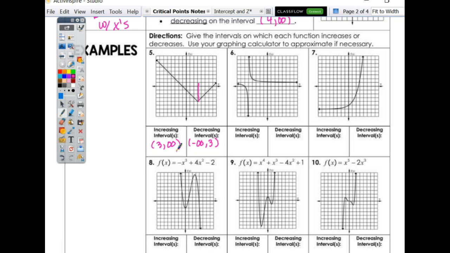Okay, and number 6, find me an increasing interval. Where's an increasing interval? Does anyone find one?